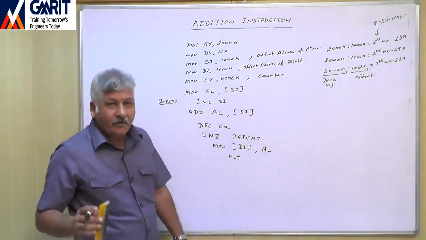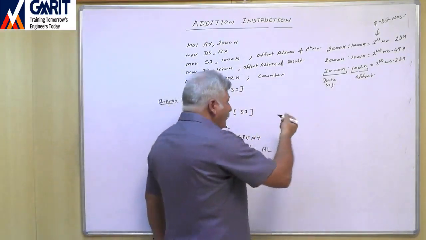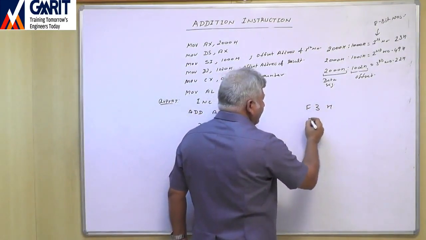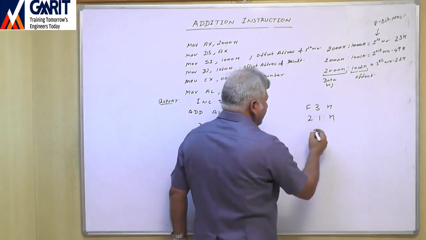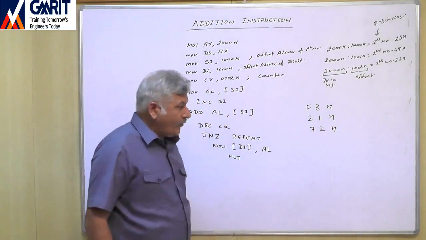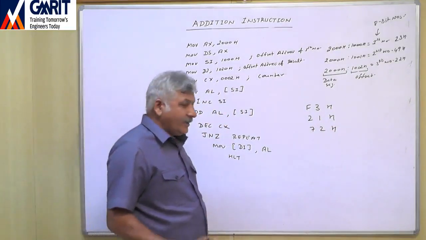Now you just think of a situation where we are having three numbers like this, F3H, 21H and 72H, right? If we add these three numbers, then you see what will happen.